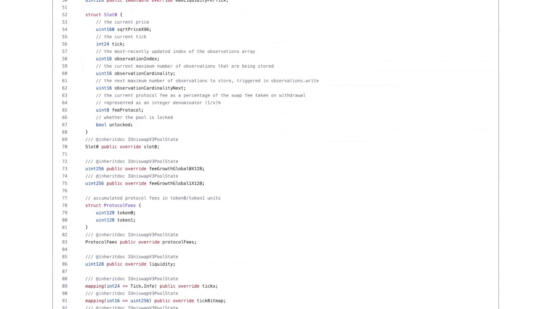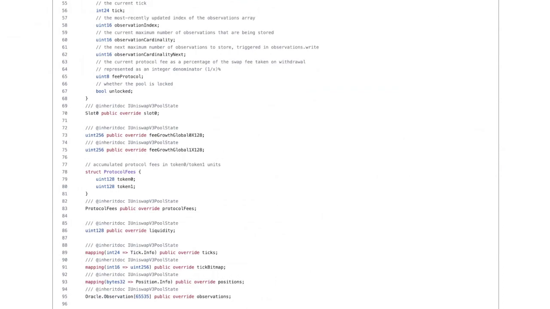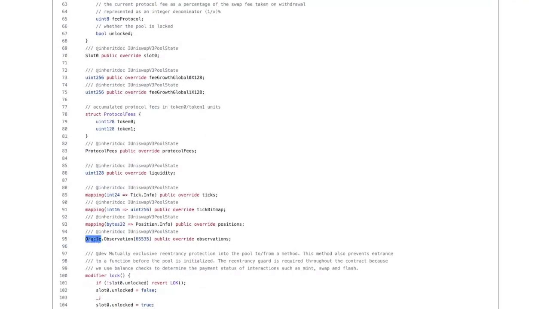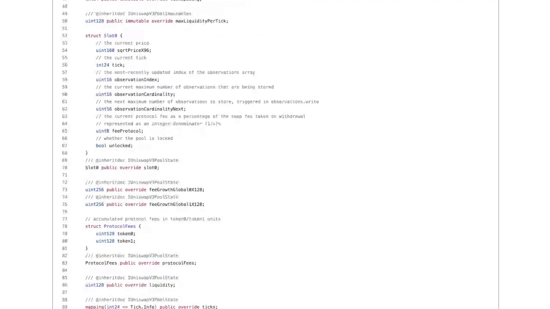Okay, cool. There's oracle.observation. Observations. Okay, so it's actually for the Oracle library, but it's interesting they named the struct slot 0.